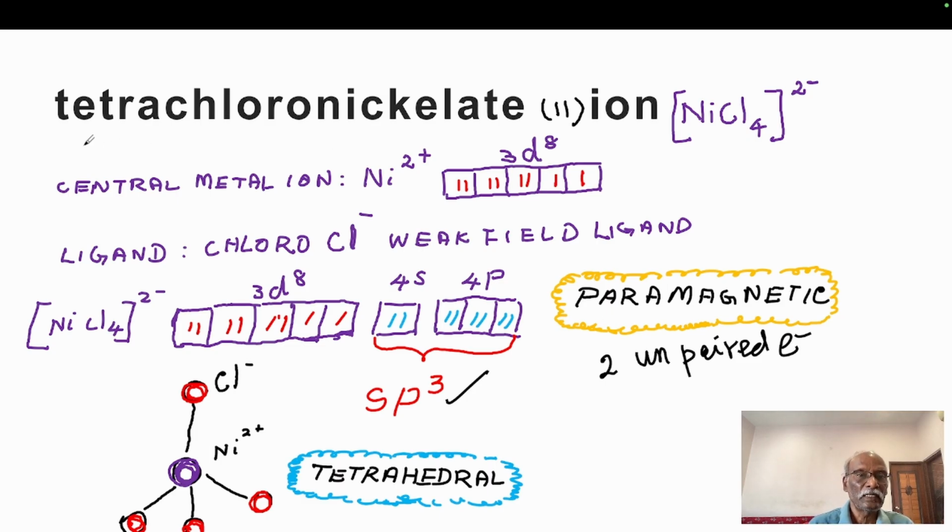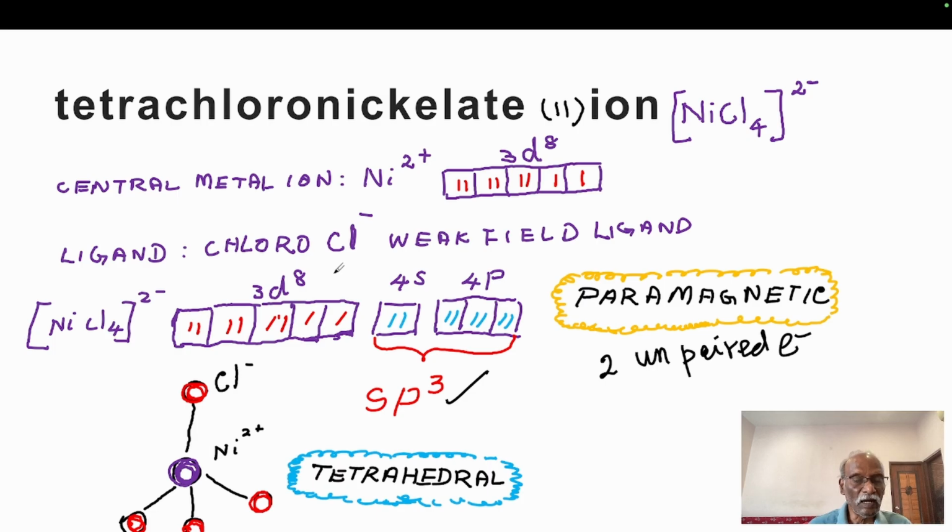From the beginning, tetrachloronickelate ion. Why nickelate? Because it is an anion. Okay, the primary valency or formal charge of the nickel is 2 plus, and its electronic configuration is 3d8 with 2 unpaired electrons.